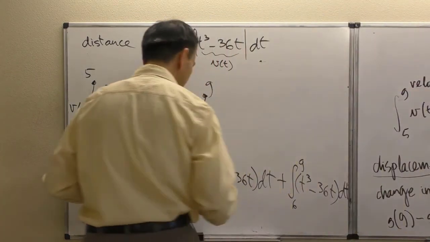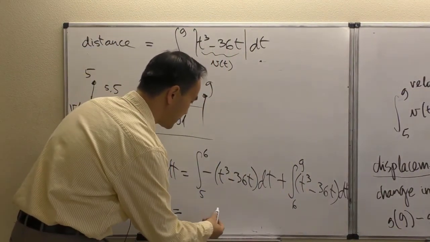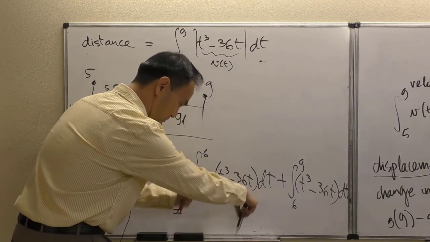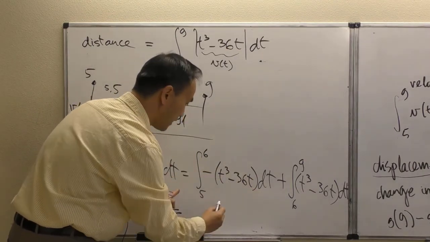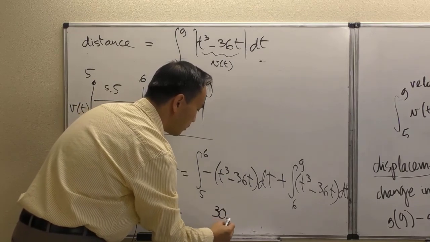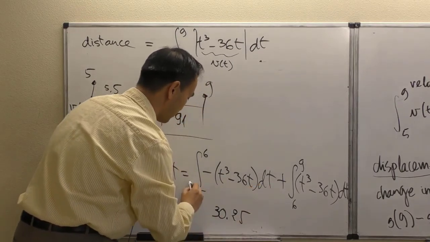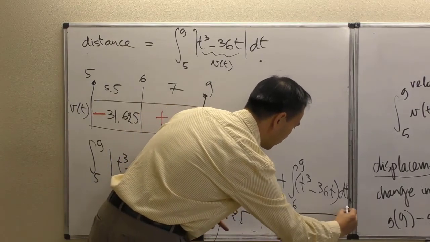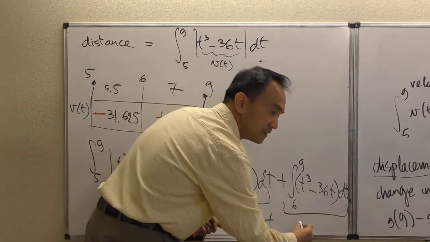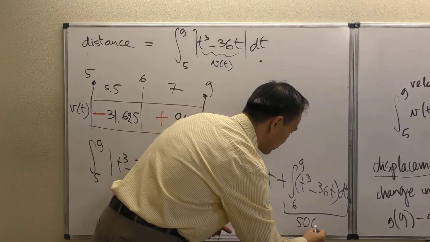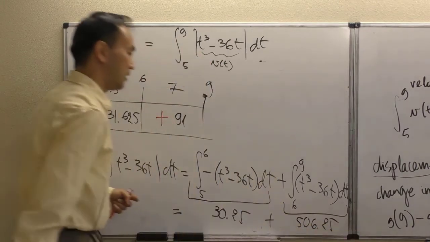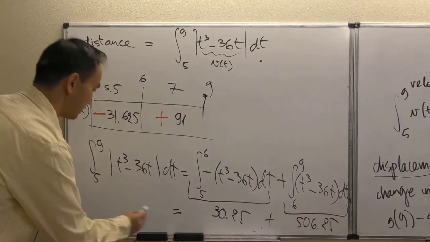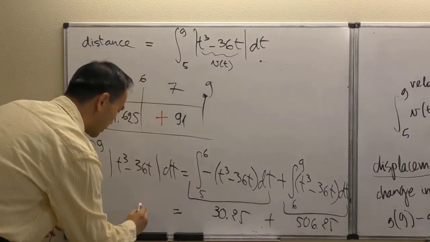All right, so my calculation gave me a positive answer, positive 30.25 for that integral. Now I'm going to add it with the other one, which came out positive 506.25.